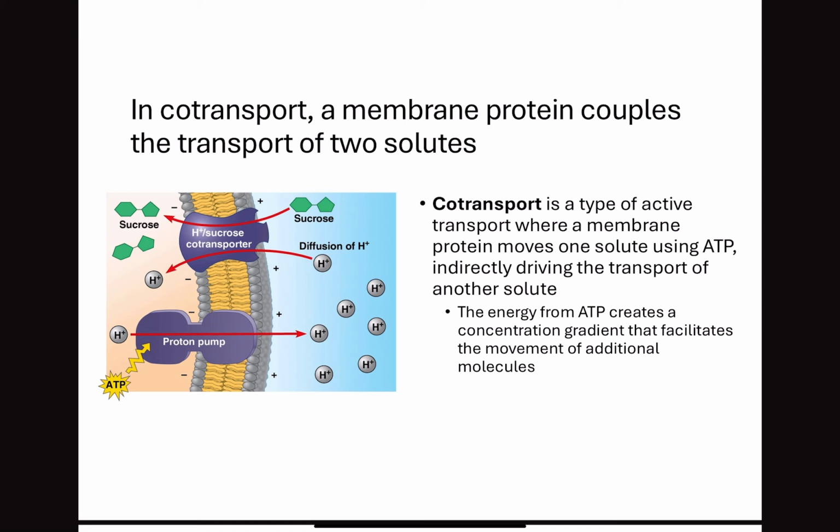So as the solute that has been actively transported diffuses back passively through a transport protein, its movement can be coupled with the active transport of a different substance against its concentration or electrochemical gradient.